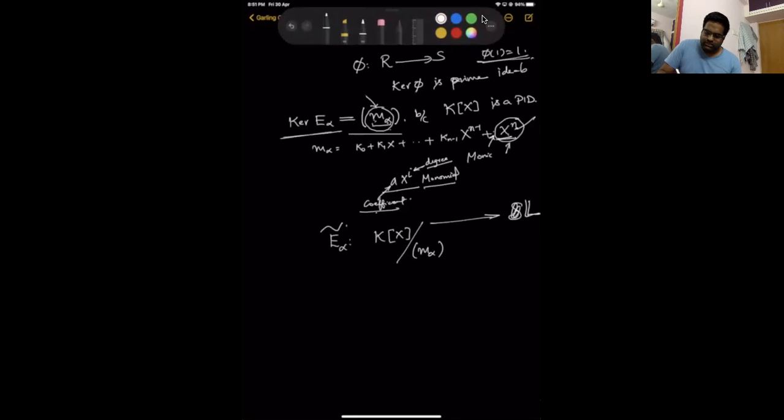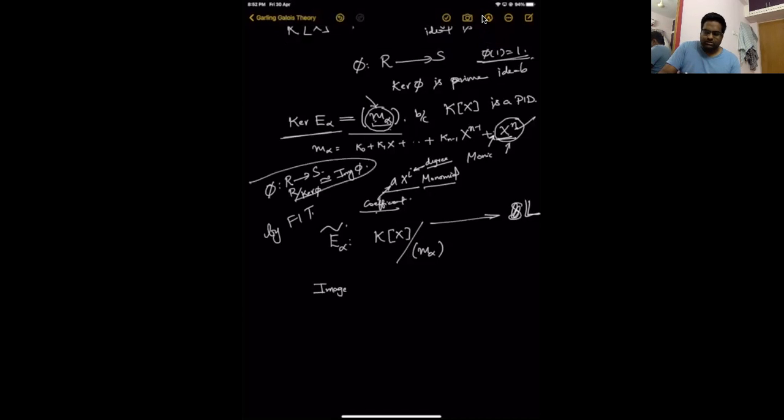And the image of this, so by the first isomorphism theorem, if phi from R to S is a ring homomorphism, then R mod kernel of phi is isomorphic to the image of phi as rings. You know this basic theorem in ring theory.